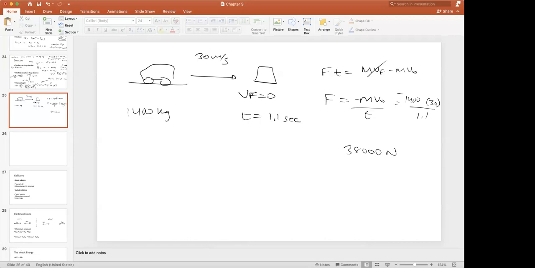And if I divide that by 1,400, that's an acceleration of 27 meters per second squared, because this force, right, is ma. So if I divide by the mass, I get an acceleration of 27.3 meters per second squared. That's 3 Gs, okay?